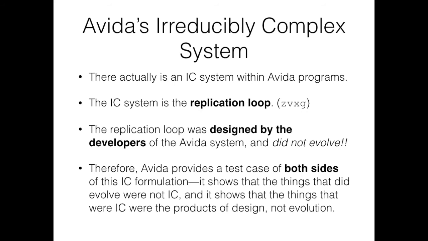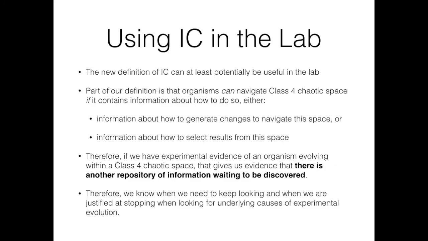Okay. So then I also said we want to be able to use it in the lab. So with this definition, we can at least potentially use it, and this is the way that I envision it being used. Our definition is that organisms can navigate class 4 chaotic space if they contain information about how to do so. So it can either contain information about how to generate changes to navigate this space.